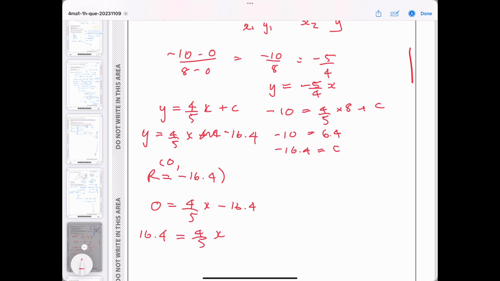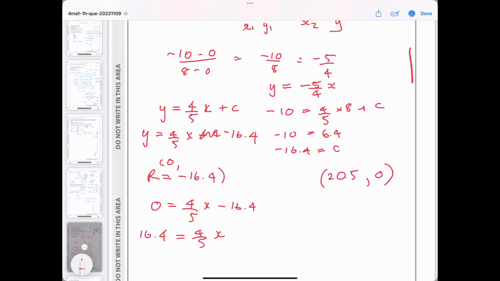So let's times 16.4 times 5 divided by 4. That's a horrible number as well. So x equals 20.5, and 0.